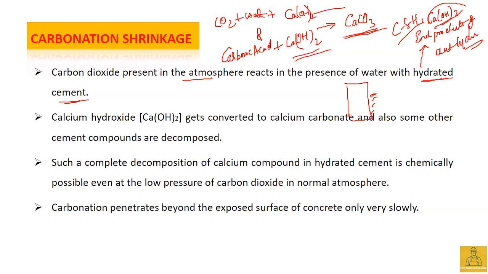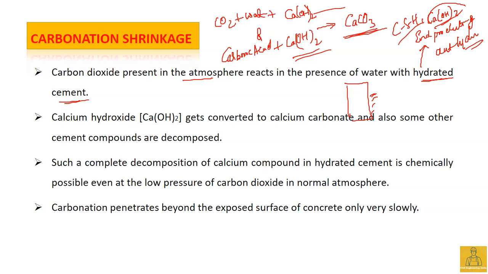The actual rate of carbonation depends on the permeability of the concrete, the moisture content, which is required by the carbon dioxide to form carbonic acid, and on the CO2 content and relative humidity of the ambient medium.